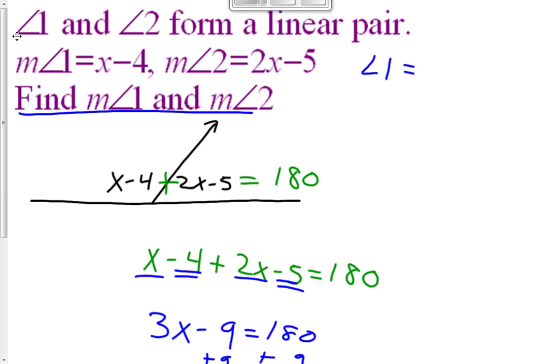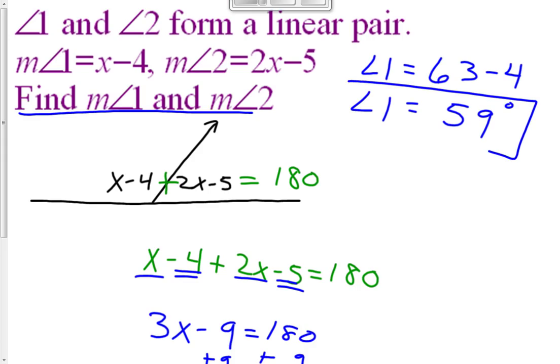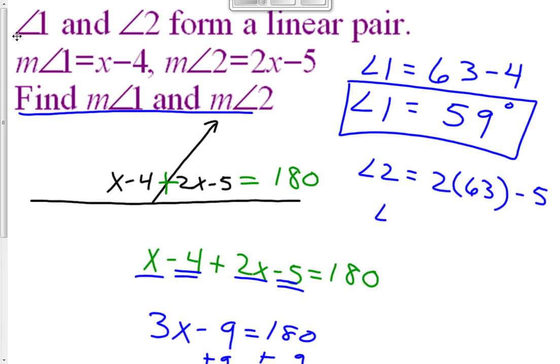Angle 1 is x minus 4. So 63 minus 4, and 63 minus 4 is 59 degrees. There's one of our answers. Angle 2, let's substitute 63 back in. It's 2 times 63 minus 5.